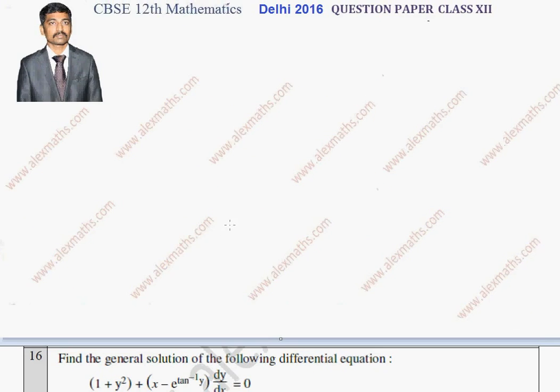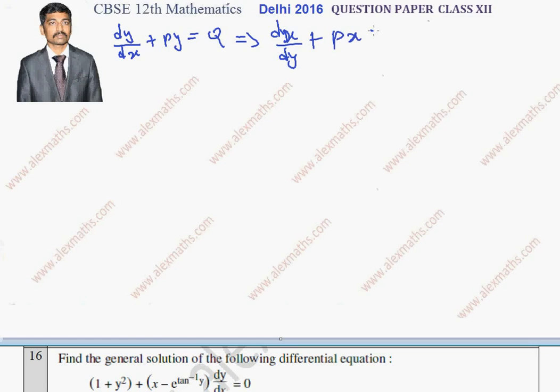Question number 16. Find the general solution of the following differential equation. This question is using the PQ method. For that, I have to rearrange the equation as dy by dx plus py equal to q form. But this one is the dx by dy plus px equal to q, this form.